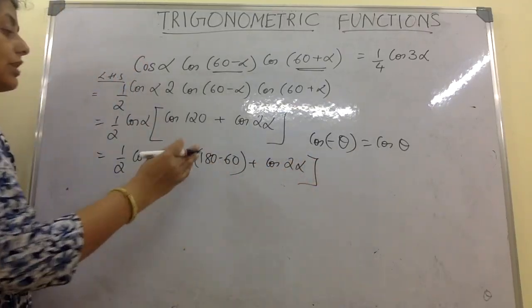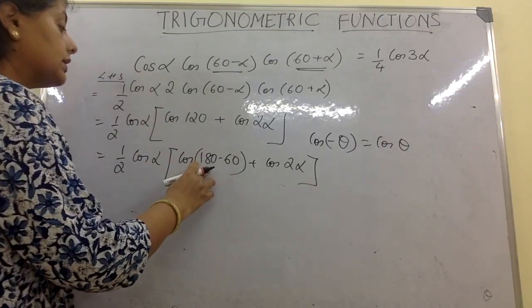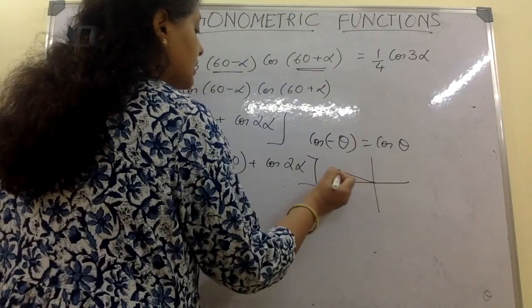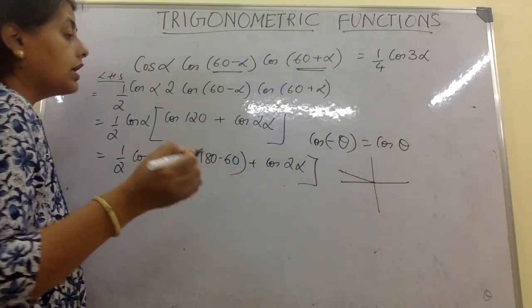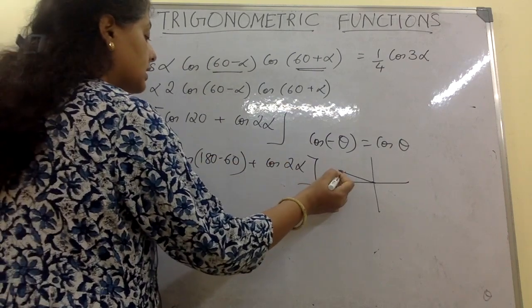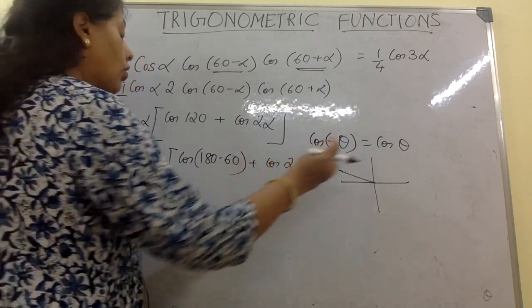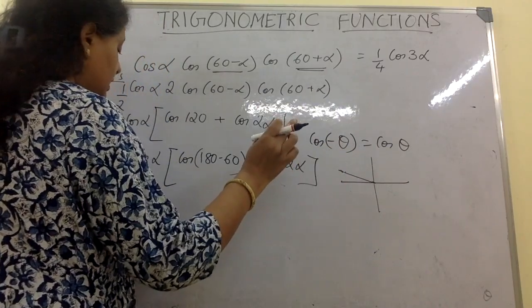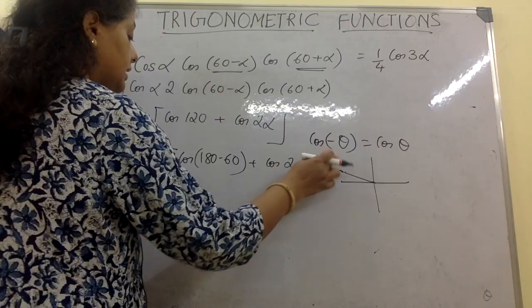Okay, so cos(180 minus 60), here we are in the second quadrant, 180 minus 60, we are here. And if we are here, that means this is all sine. Cos is negative here. So cos will be negative here.